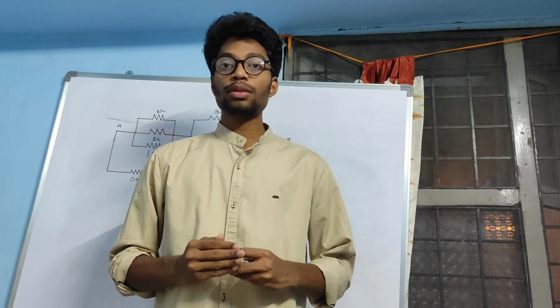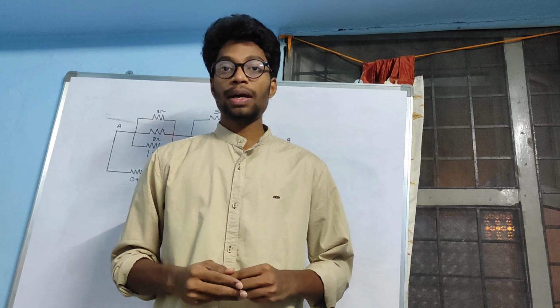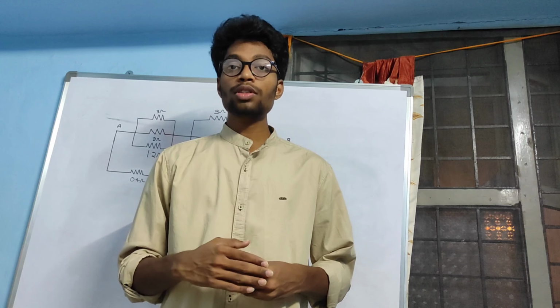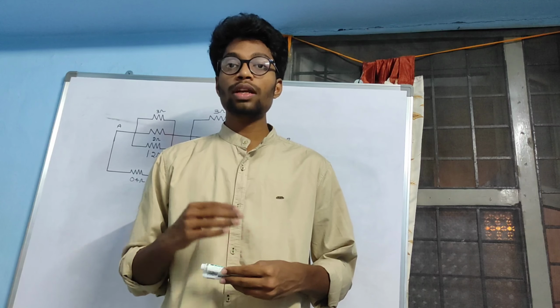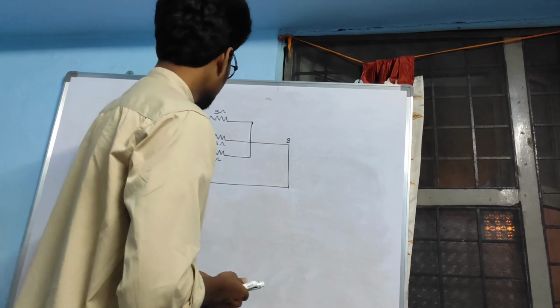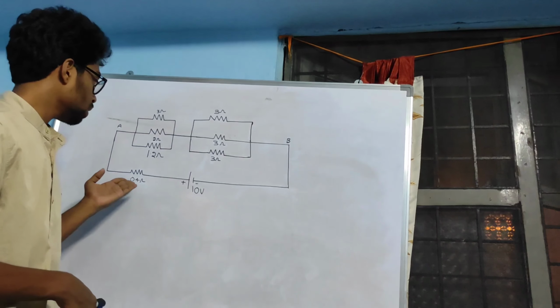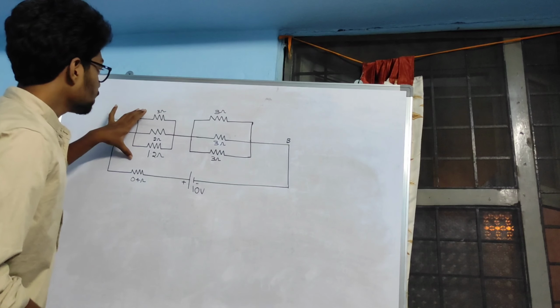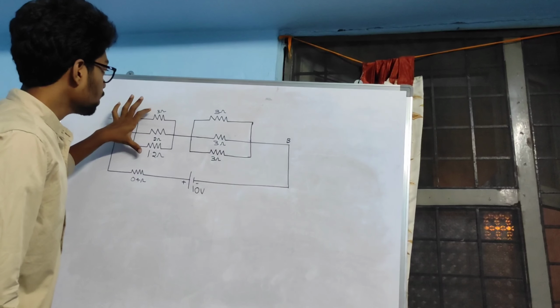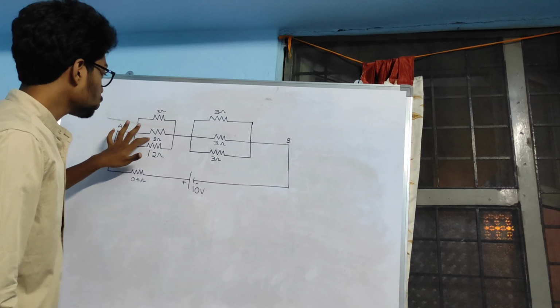In this video, I would like to explain a problem regarding series parallel combination and the problems you will encounter when you are doing this kind of problems. If you see this circuit, this is a 10 volts battery source, this is 0.4 ohm resistance and 3 resistances connected in parallel: 3 ohm, 2 ohm and 1.2 ohm.